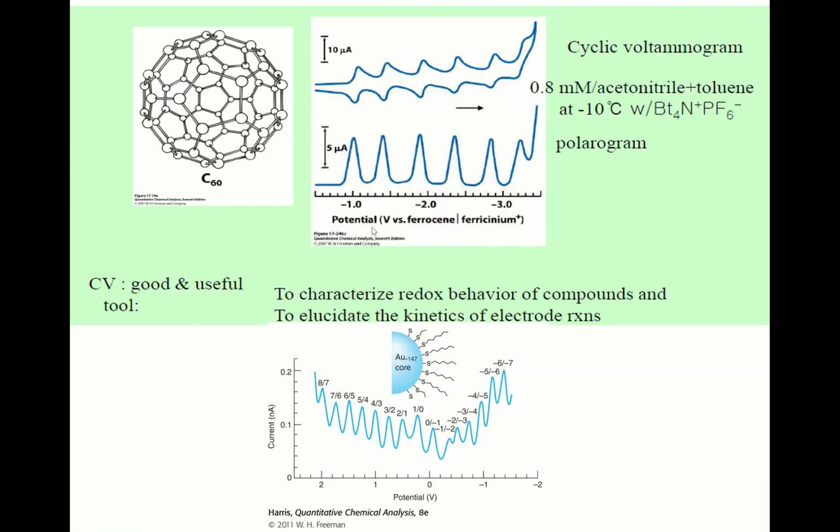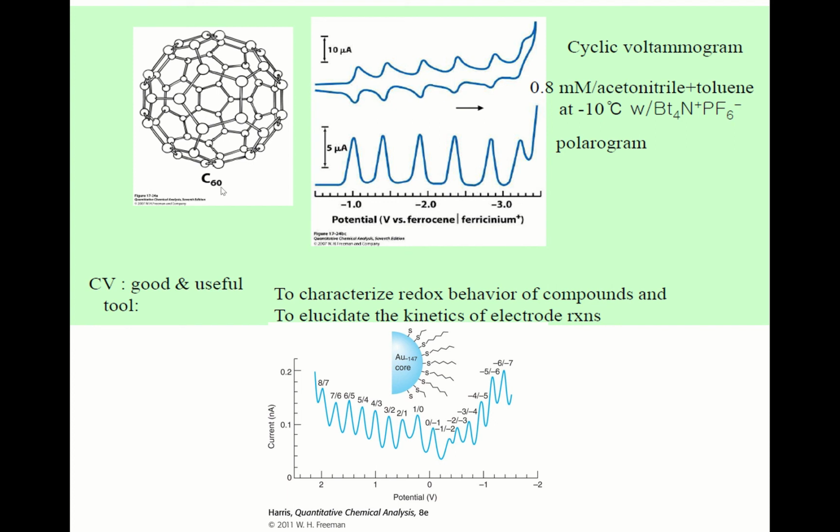Okay, and let's take a look at this molecule. This is C60. This is called the buckyball. Buck means the fluorine, and it was discovered maybe 30 years ago, and the discoverers were awarded the Nobel Prize. One of the interesting things about this one is that it undergoes electron transfer.